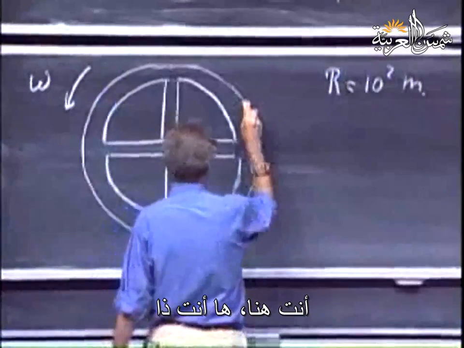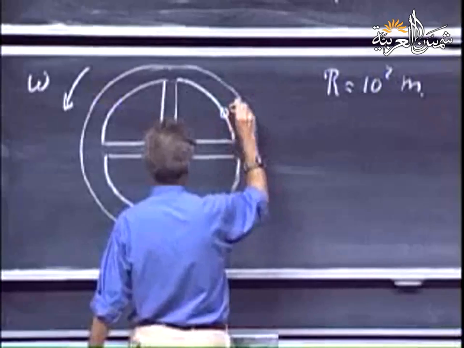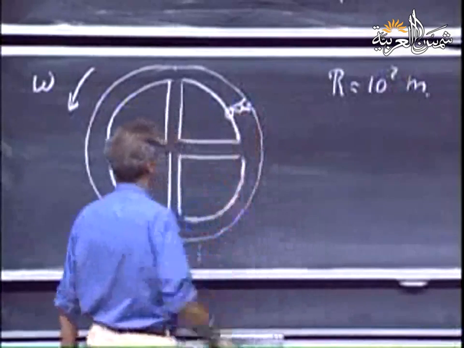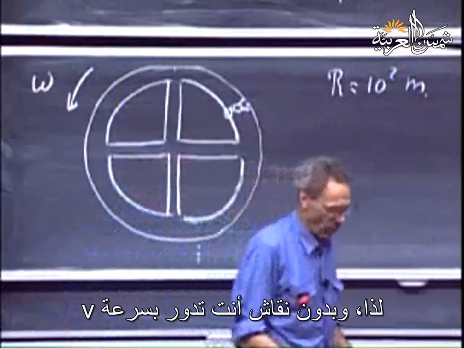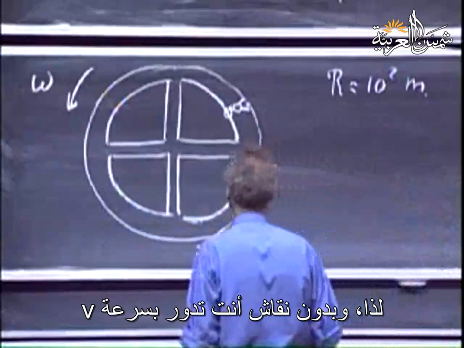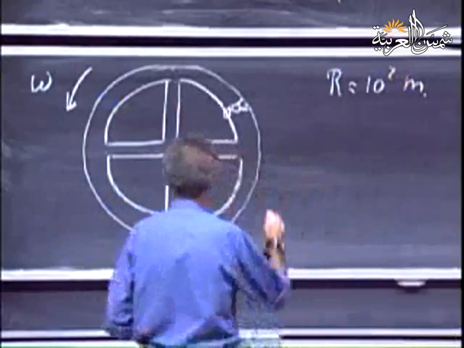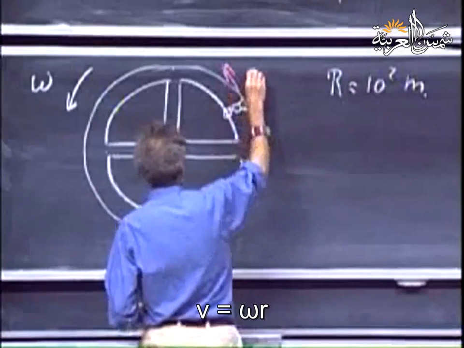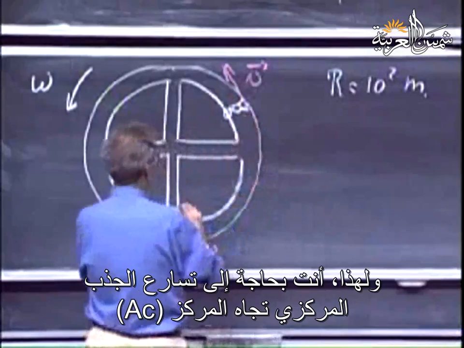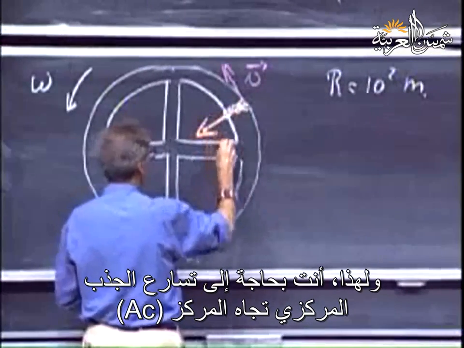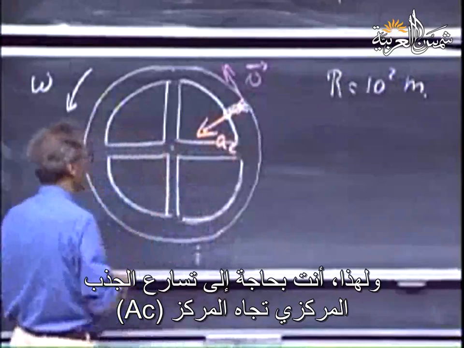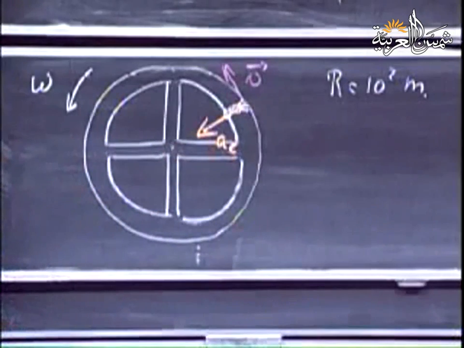You're here. There you are. You go around. Therefore, non-negotiable, you're going around with a certain velocity v. This v equals omega r, and therefore you require a centripetal acceleration towards the center. That is non-negotiable.